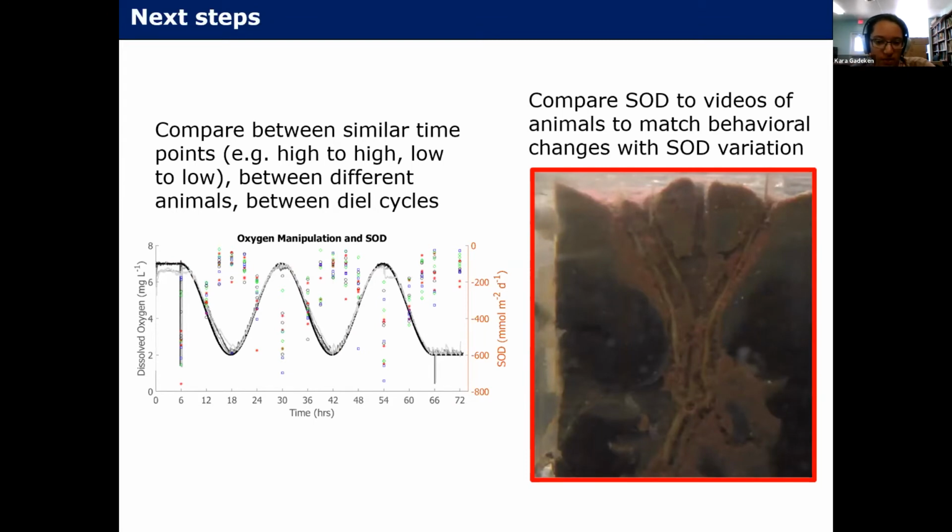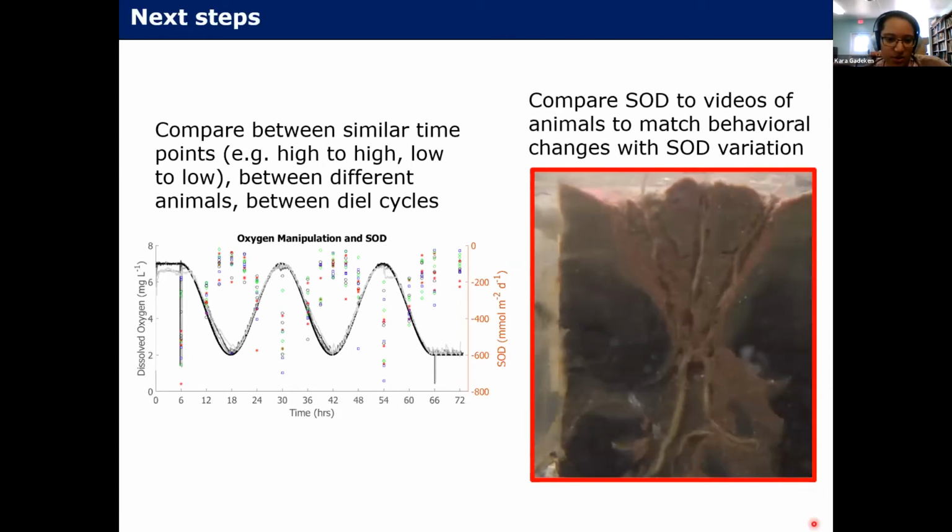It could also be really helpful to compare SOD to the videos of the animals' behaviors and compare those side by side, because these animals will have cycles of behavior that they go through at a certain periodicity. Just as an example for the Brittle Star, I have this video again. You'll see at the beginning, the Brittle Star is moving a lot.